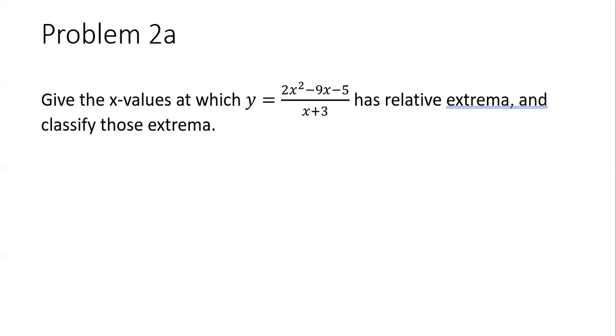Okay, if the derivative goes from positive to negative, that means the function increased then decreased, which means there's a relative max. And if the derivative went from negative to positive, that means the function decreased then increased, which means there is a relative minimum there. Okay, we're going to use that concept to help us answer this.